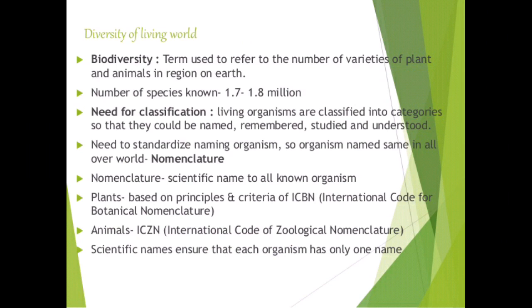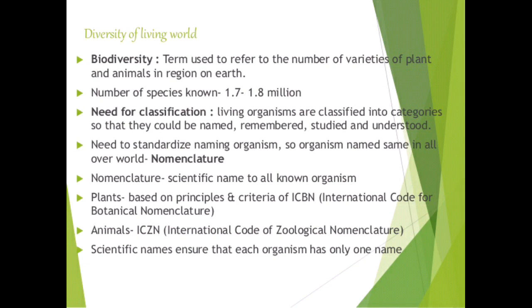Need for classification. Living organisms are classified into categories so that they could be named, remembered, studied and understood. There is a need to standardize naming of organisms, so that an organism's name is the same all over the world, that is nomenclature.